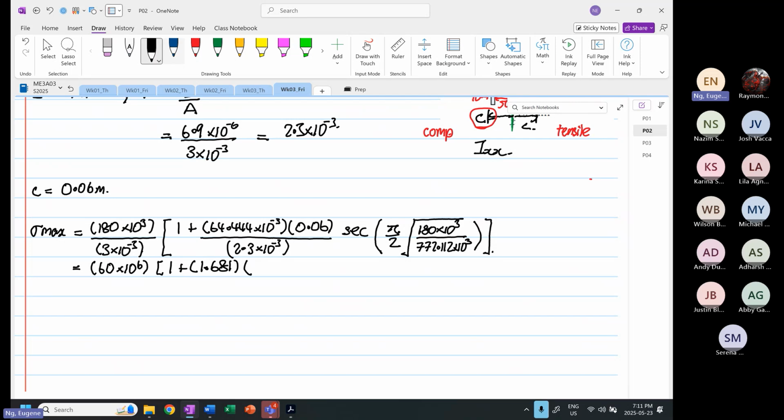So you have 1 divided by cosine bracket pi divided by 2 times square root of bracket 180 times 10 to the power 3 divided by 772.112 times 10 to the power 3 close bracket. Then make sure I have all my brackets. I need another bracket.